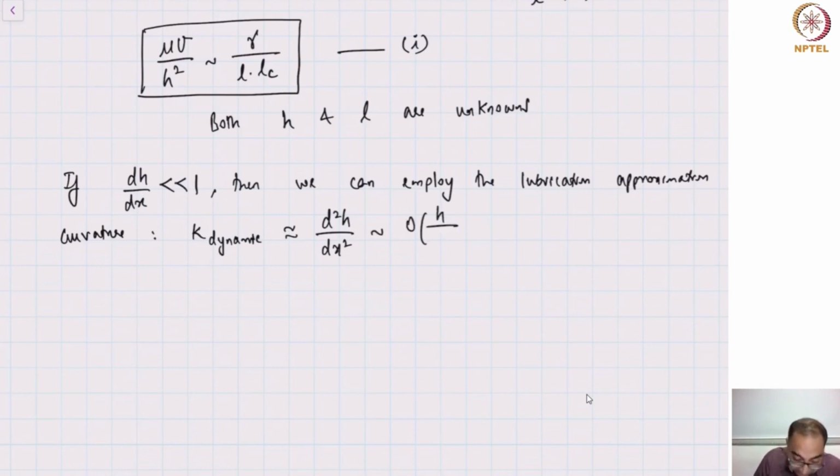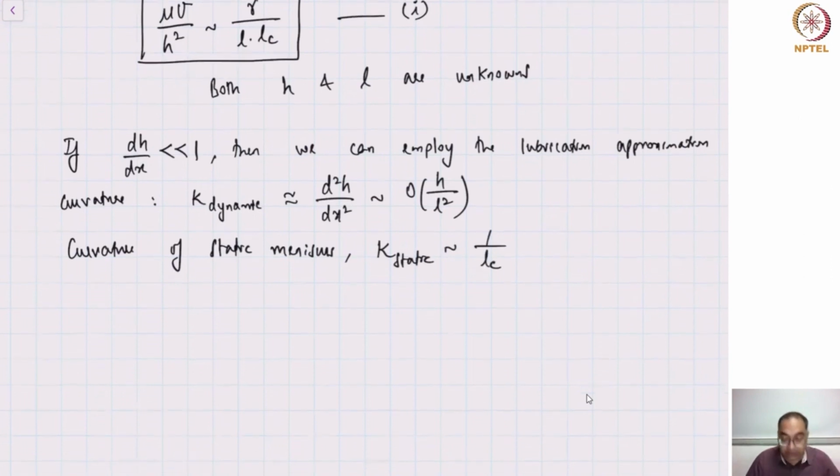The order of magnitude of this term is h by L square. Similarly, curvature of the static meniscus, which you can call as kappa static, goes like 1 by LC.